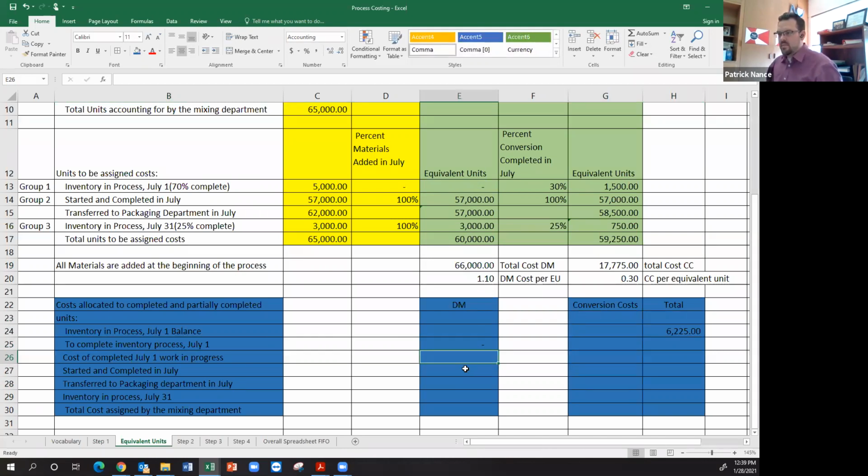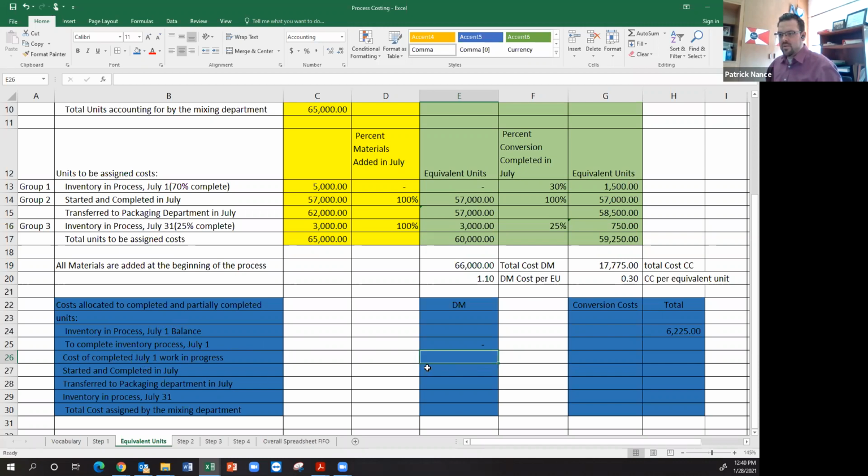But I'll show you that because I'm going to do the same thing with the other one. So cost of completed work in process in July into direct materials. So that's my group 1.